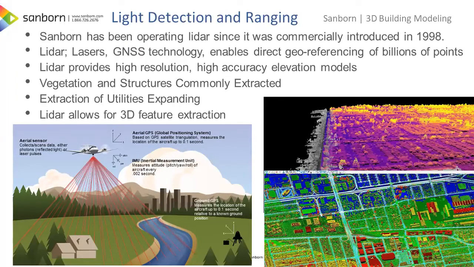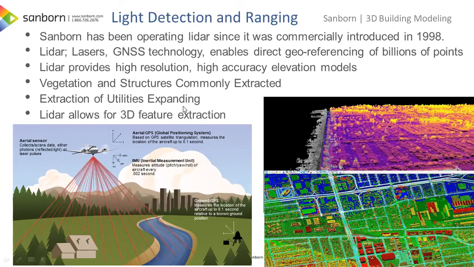LiDAR, we can also get information from. LiDAR is becoming more and more critical for extracting features. The denser the LiDAR is, the more features that we can extract out of it. You could directly georeference billions of points from your system.